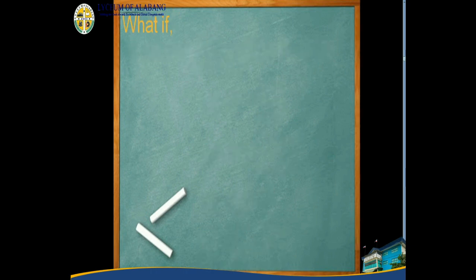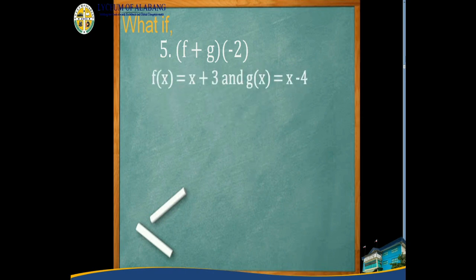Number 5. Evaluate the function f plus g of negative 2 where f of x is equal to x plus 3 and g of x is equal to x minus 4.